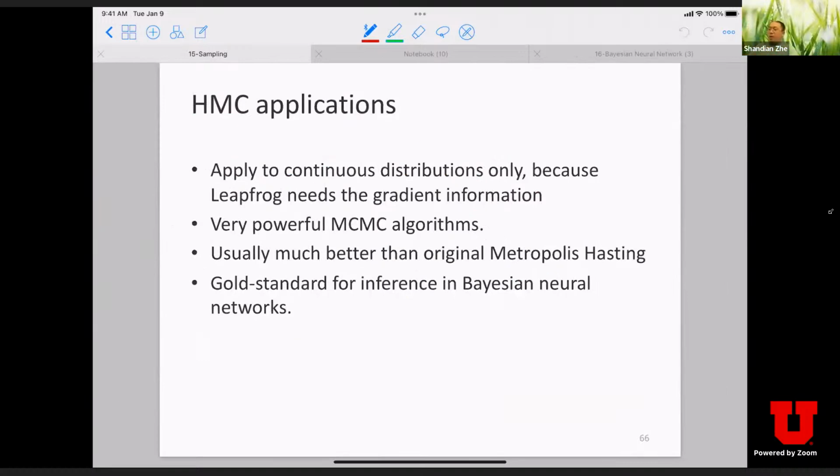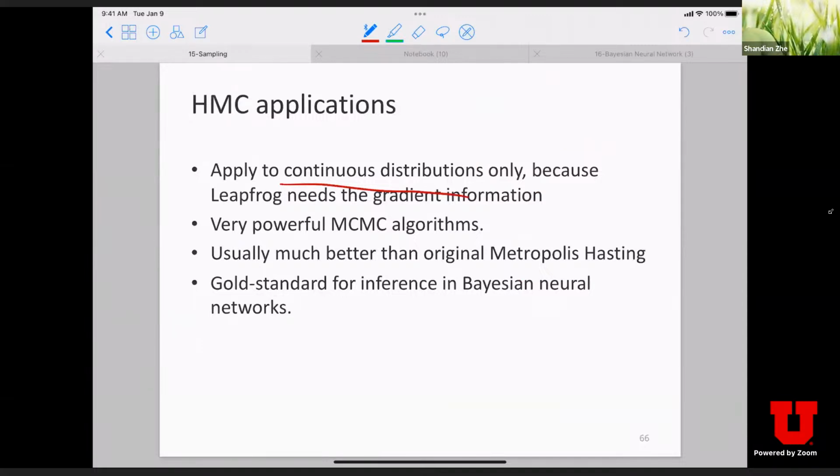So now we have finished the discussion of Hamiltonian Monte Carlo sampling. What kind of applications do we prefer to use Hamiltonian Monte Carlo sampling for? It can only apply to continuous distributions, meaning the random variables must be continuous. If it is discrete, it is not applicable, because you have to compute the gradient of the log joint probability with respect to the random variable.